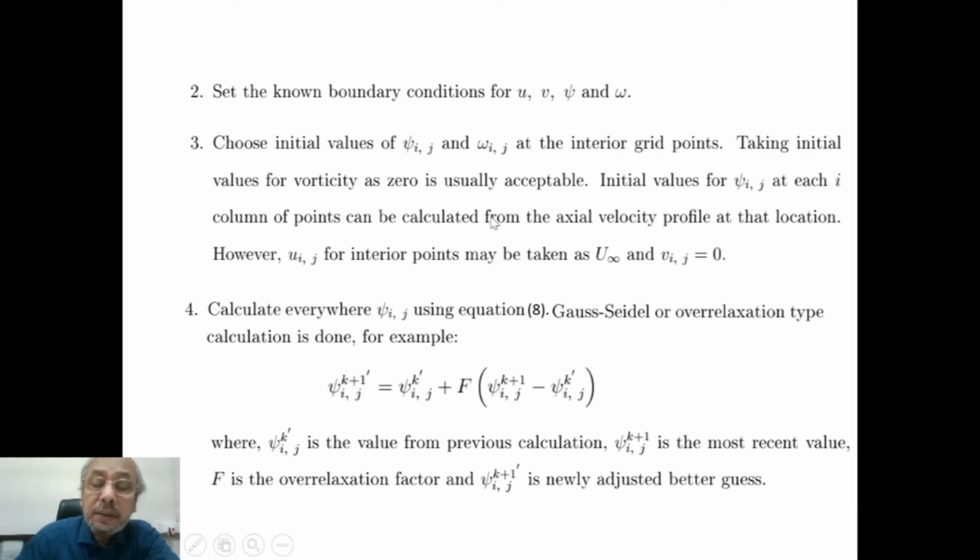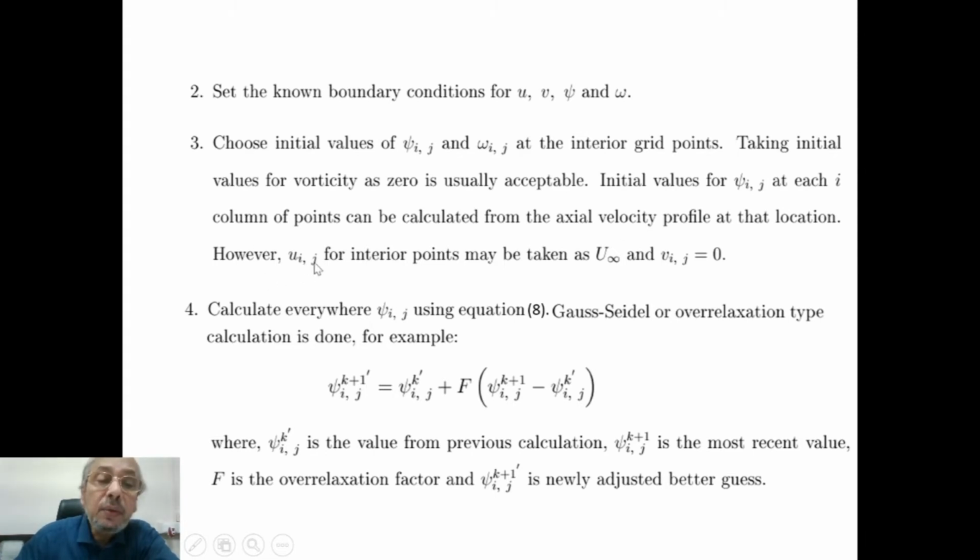Now we are discussing the overall strategy. Let us accept that psi can be assigned that way. So the i column of points can be calculated from the axial velocity profile at that location.